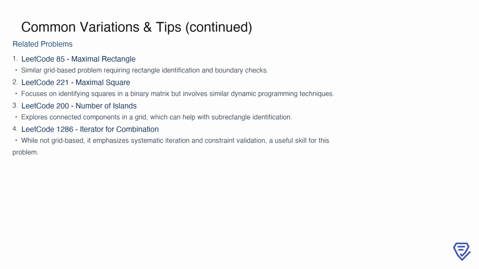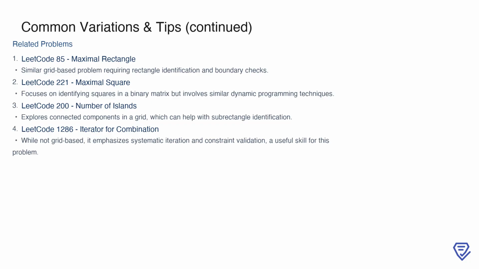Now, it's helpful to examine related problems that can provide insights for Strange Printer 2. For example, LeetCode 85, Maximal Rectangle, involves identifying rectangles and performing boundary checks in a grid, making it quite similar in structure to this problem. LeetCode 221, Maximal Square, focuses on finding squares in a binary matrix but uses dynamic programming techniques that can also be applied here.